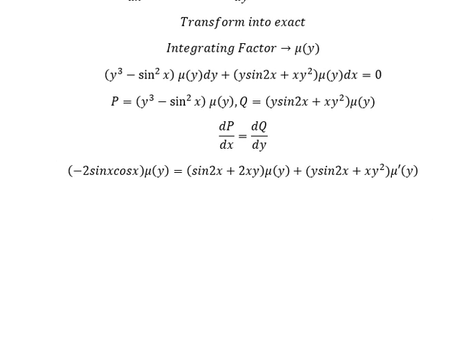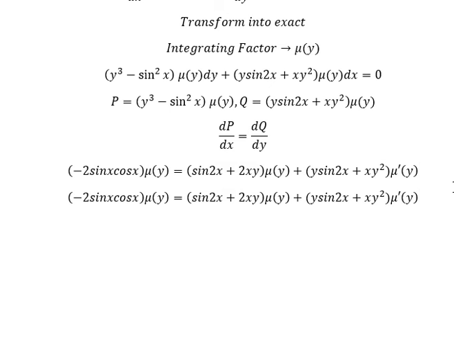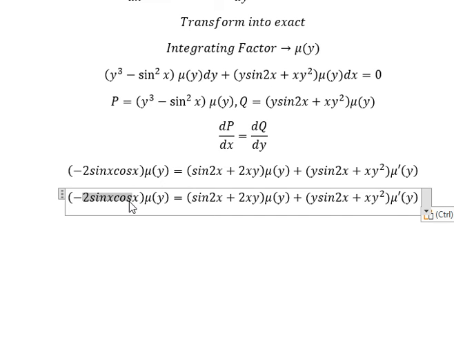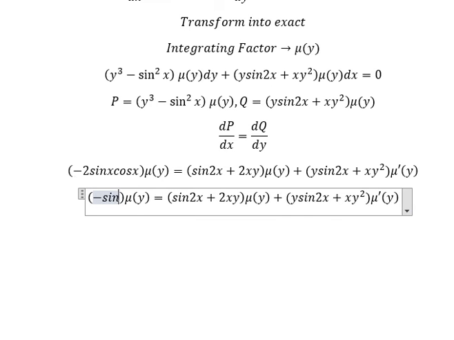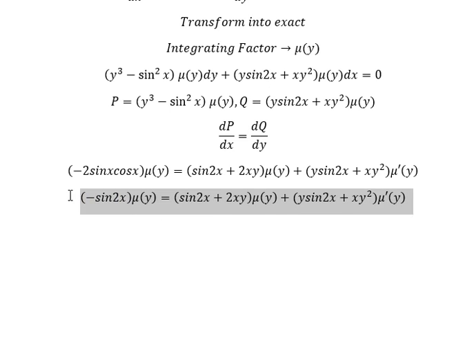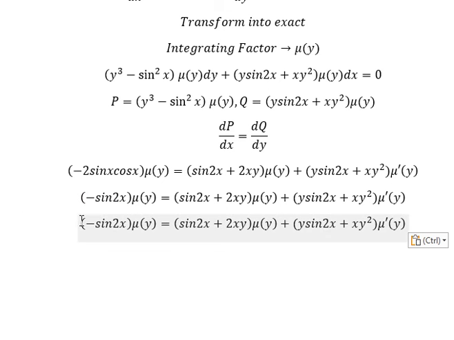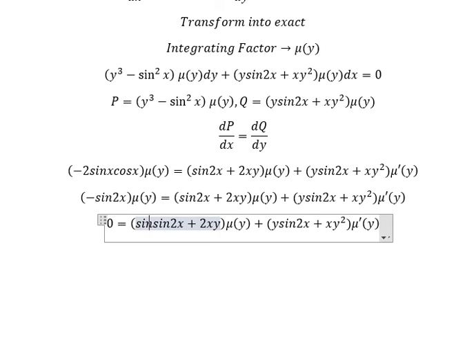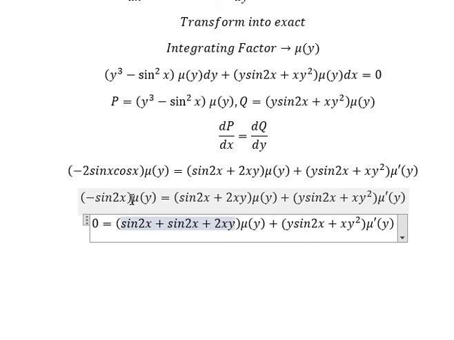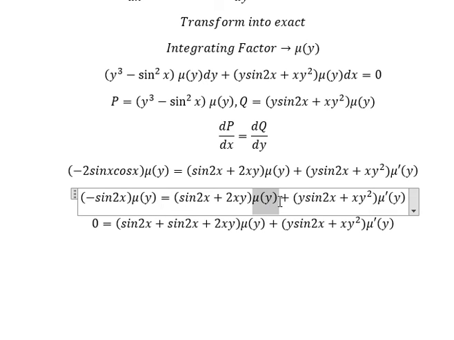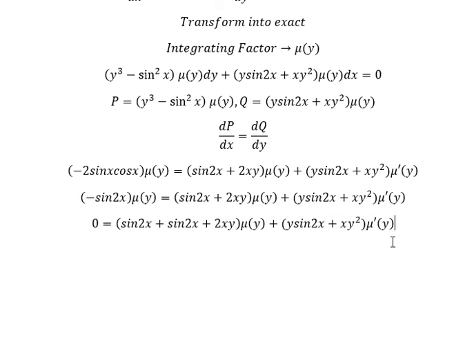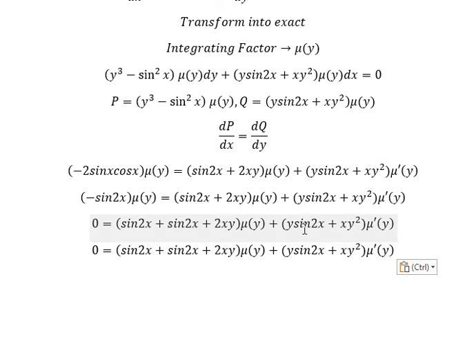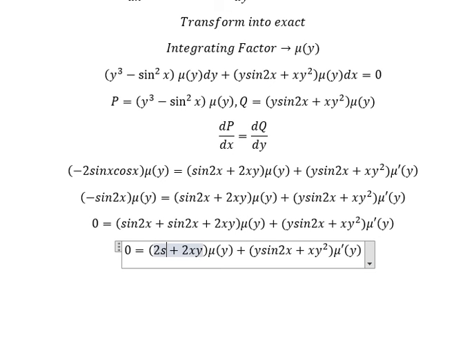Now this one we can transform into sine 2x. So I will put this one to the right, and we have sine 2x in here because we have the same mu of y and mu of y. This one put on the right, we have positive. This one we have 2 sine 2x.